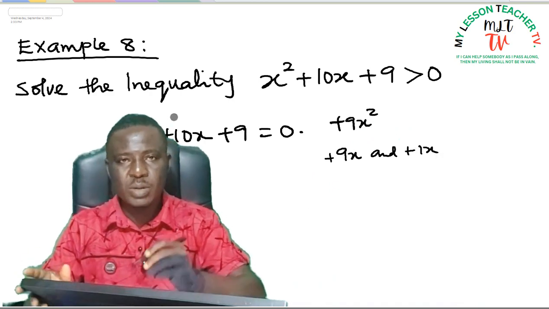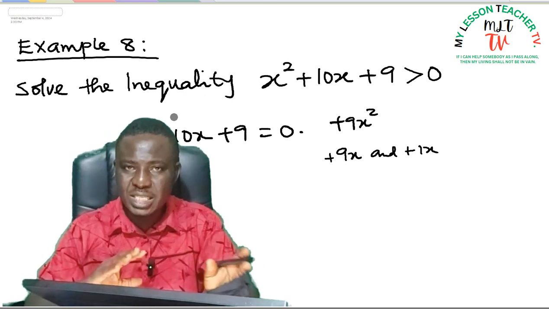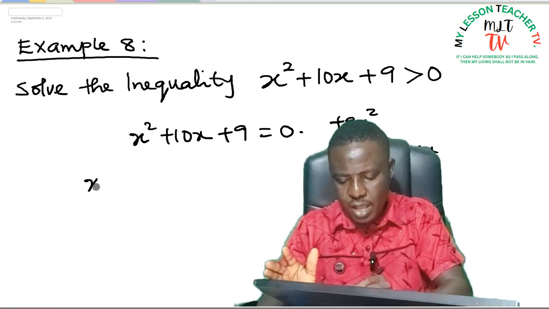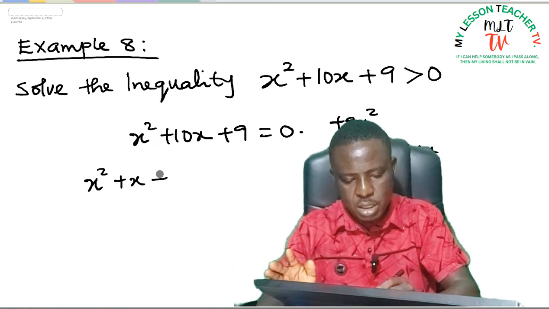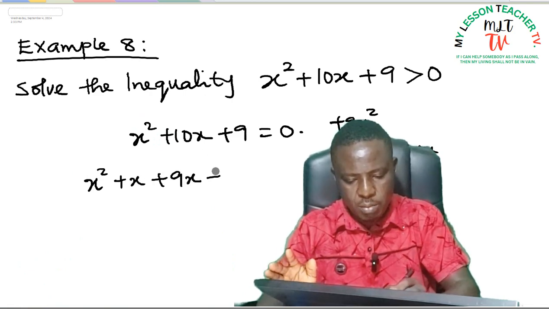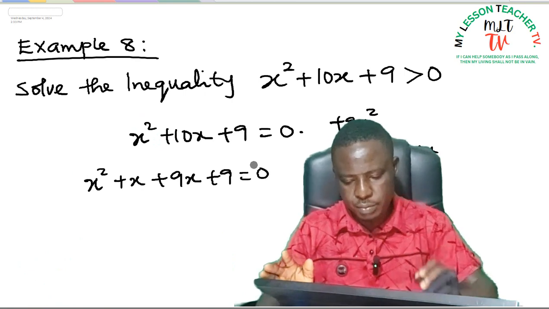So we are going to replace it with the middle term, which does not change the sense of the equation. So you have x squared plus x, which is plus 1x, plus 9x plus 9 is equal to 0.